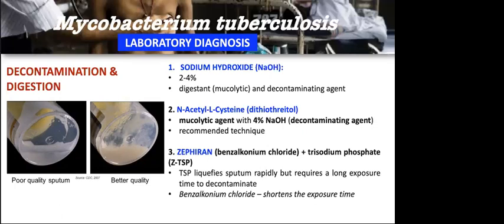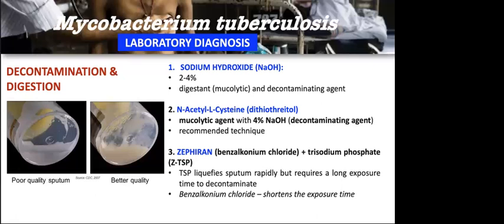So it would be best to try and decontaminate as well as digest the samples. The most common decontamination and digestive chemical that we use for sputum is sodium hydroxide, 2 to 4%. So it's a mucolytic agent.